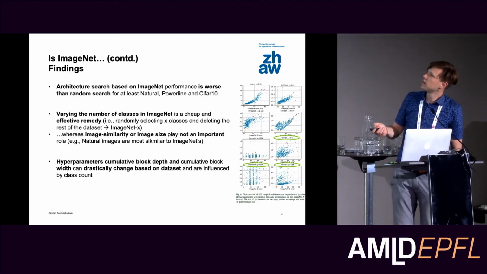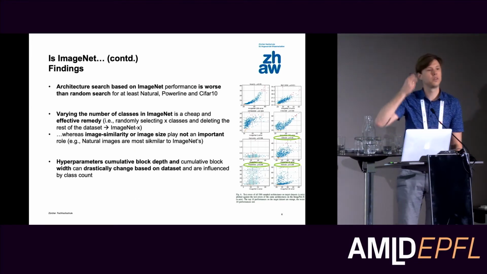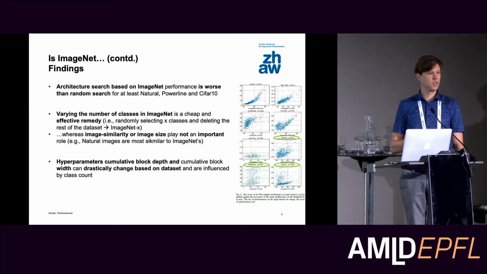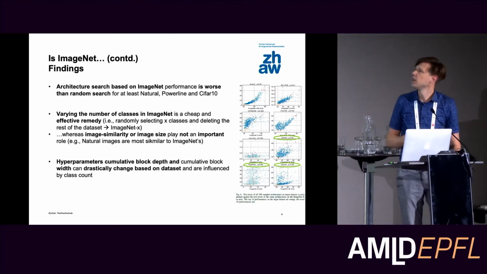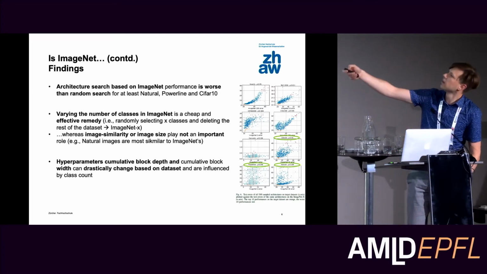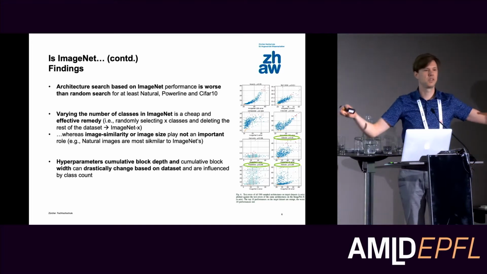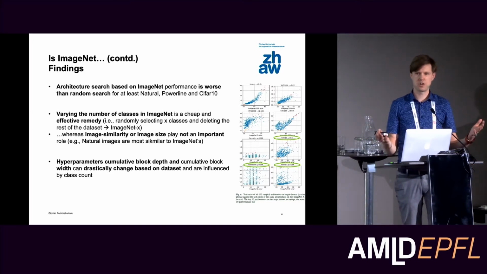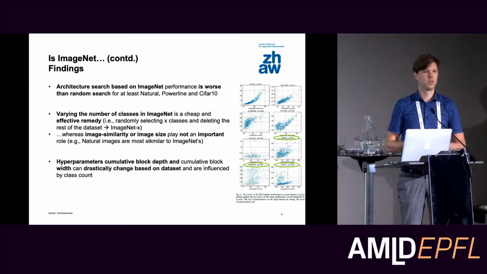So the interesting thing came when we started looking into what is actually happening here. So the general thing I don't think is very interesting. It basically just says, okay, an architecture that has been designed on ImageNet does not necessarily work well on whatever you have in practice.